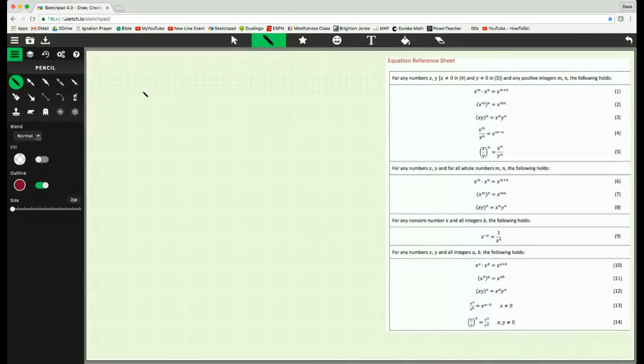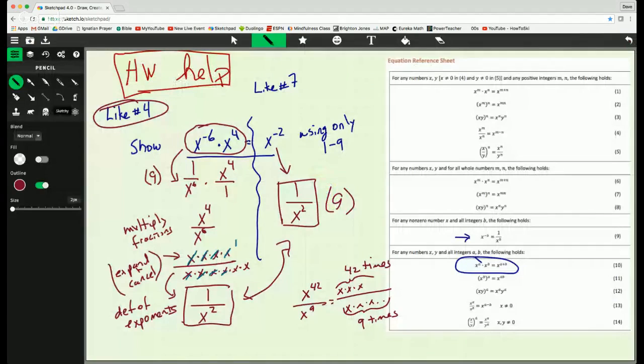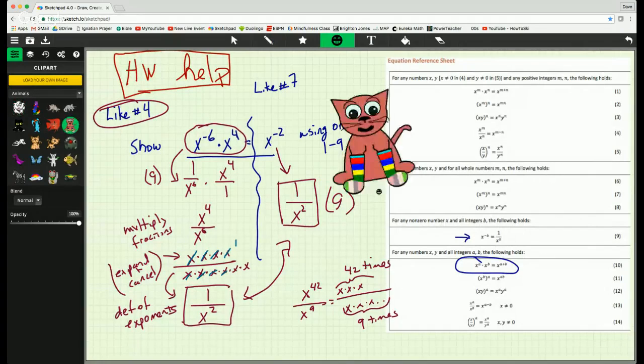So this one's going to be like, again, homework help. Oh, shoot. You know what? I really ought to do this. Let's go back. Let's look at our success here, and let's just drop down our happy cat.